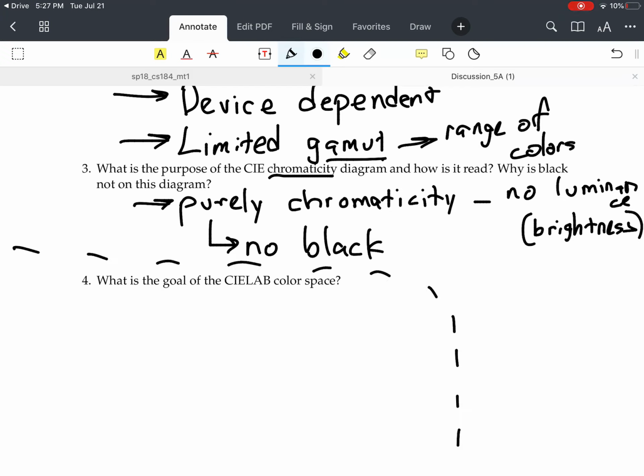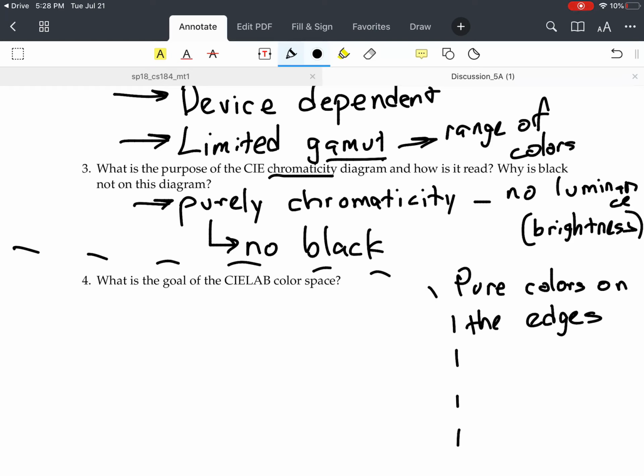I forgot to mention how to read this diagram. The way to read it is that the pure colors are on the edges. If you look at this diagram, it looks almost like a horseshoe. Let me draw. It looks something like that.